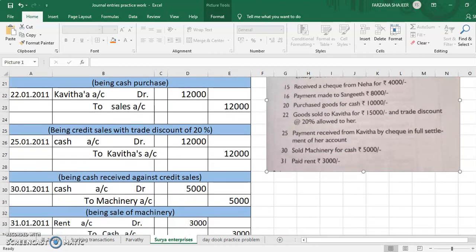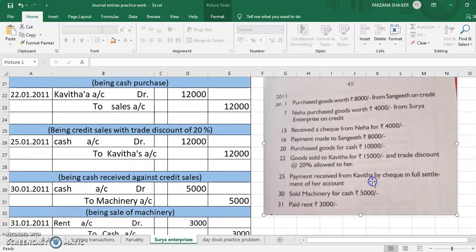Our next transaction is on 22nd. See, goods sold to Kavita for rupees 15,000 and trade discount at a rate of 20% allowed to her. So first of all, you should have an idea of what a trade discount is. A trade discount is given by the supplier when the customer buys in large quantities. In order to promote the purchase, the supplier will be giving discounts to the customer.